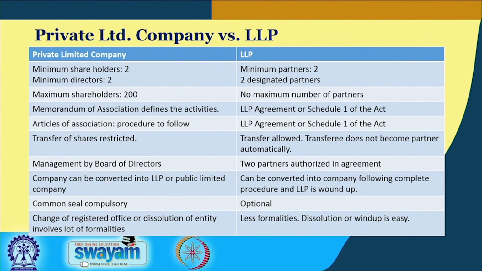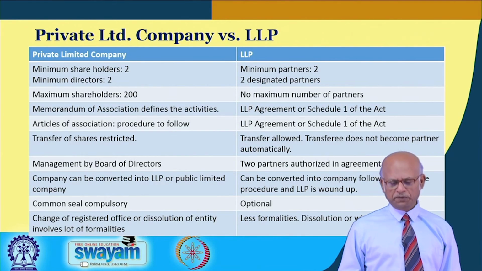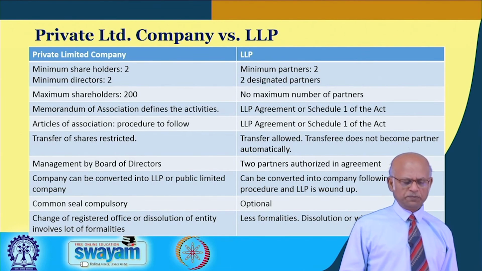We will see this, the text is not so visible because contrast is not so good, but nevertheless it is understandable. Minimum shareholders for a private limited company is 2, minimum partners for an LLP is 2, minimum directors 2; in a partnership they call it minimum partners, so 2 designated partners.